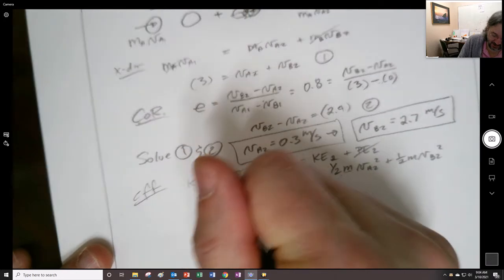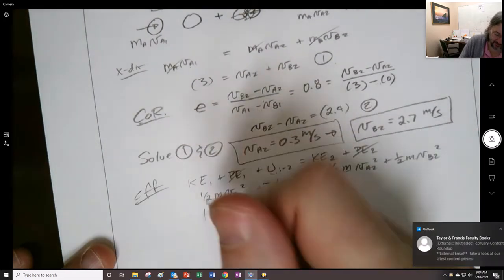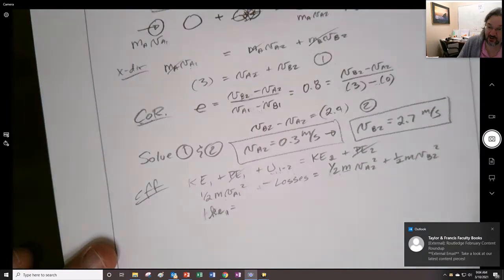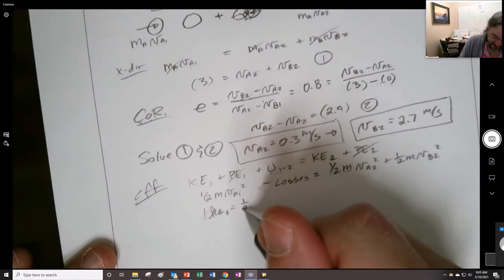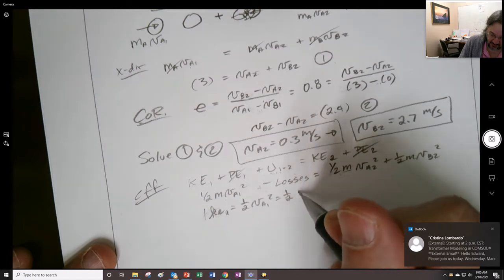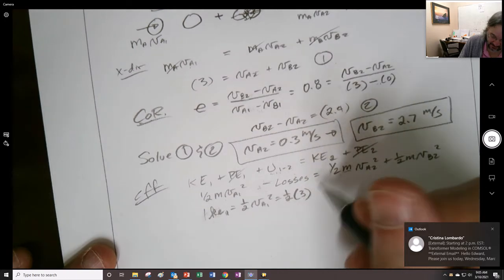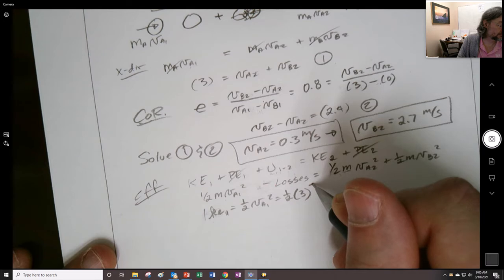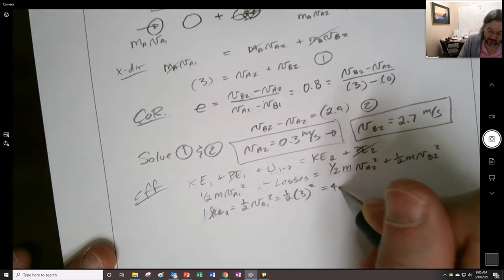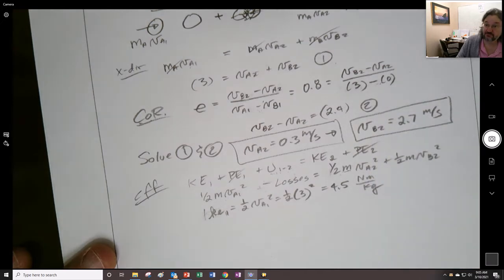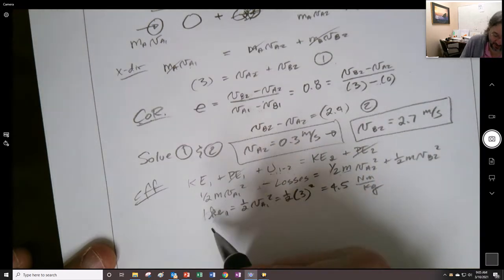What we do in thermo is we would write it as lowercase when it's on a per mass basis, right? So just 1/2 VA1 squared. So we have 1/2 times 3 squared, which is 4.5, and you could say that these are Newton meters per kilogram. I'm going to do it on a per mass basis.